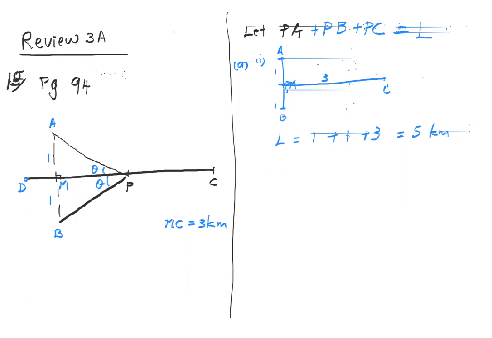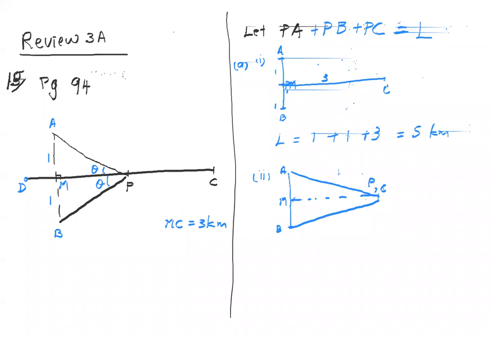Are you okay? Then for part 2, the situation will be like that. So this will be the length. Here is C, here is also P. And here is your M, here is your A, and here is your B.